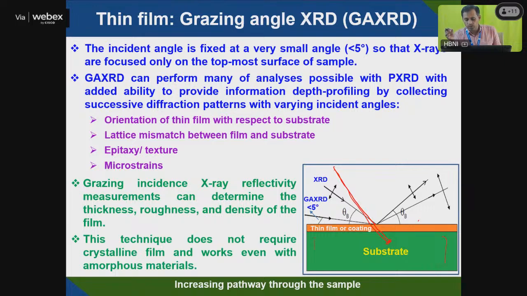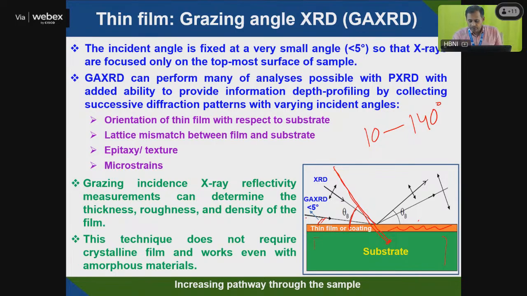So in order to get the XRD only from the thin film, you have to go for the grazing angle XRD. The incident angle here is very small. Normal XRD will take 10 to 140 degree in 2 theta, but here our theta value is very small, less than 5 degree.